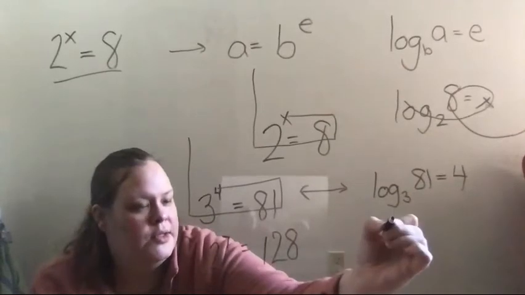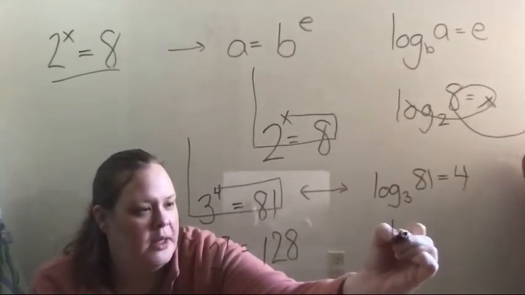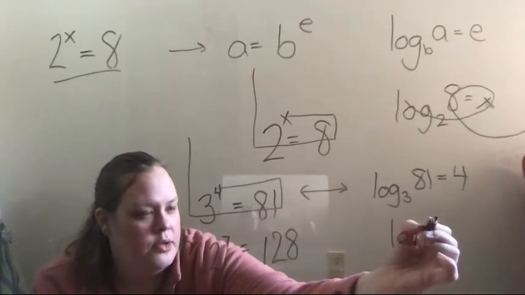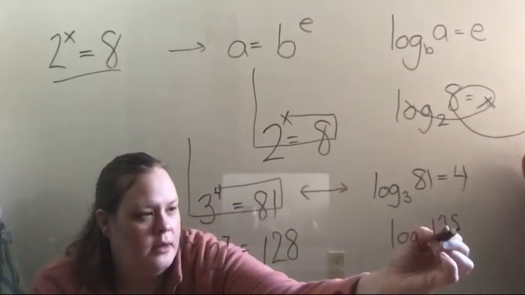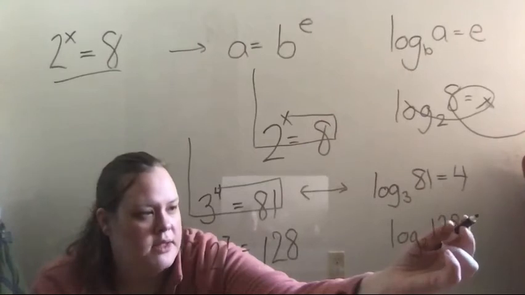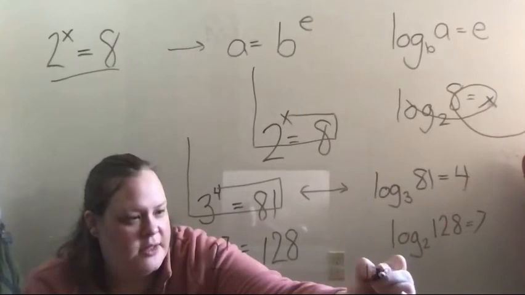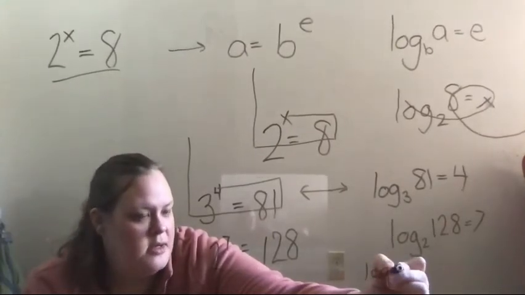Likewise, if I'm rewriting this one, it will be log 2 of 128 equals 7. And so we would read this by saying, let's see if you can still see this here. I'm getting down to the bottom.